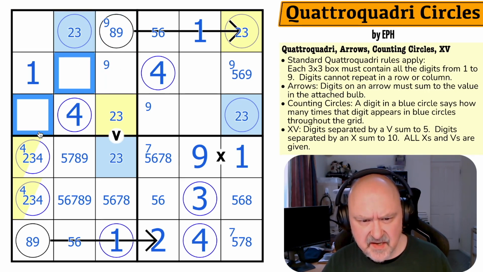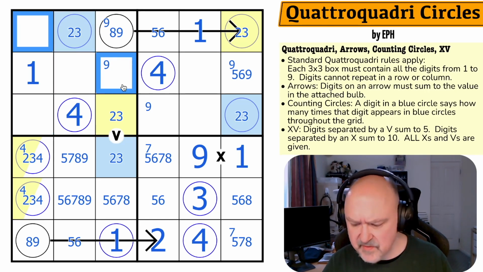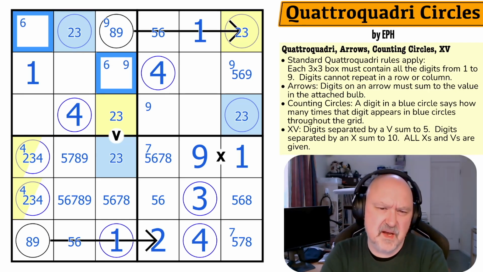6 is not in any of those. 6 is in one of those two. But 5, 7, and 8 are not restricted.